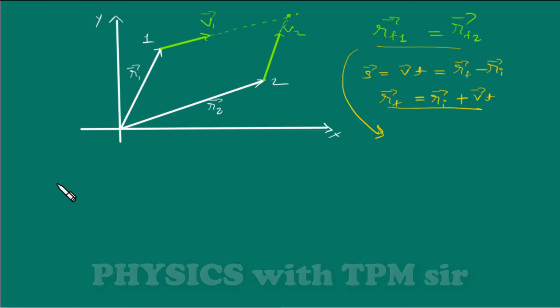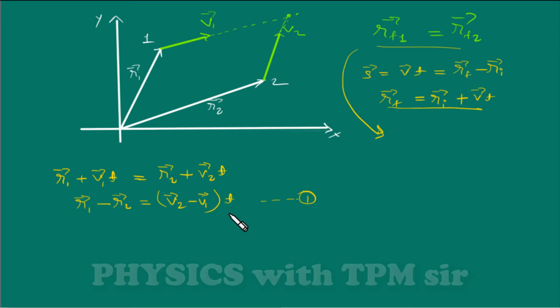So I will write r1 vector plus v1 into t, this is the final position of particle 1, and the final position of 2 will be r2 plus v2 into t. So from here we get r1 minus r2 is equal to (v2 minus v1) into t. Now this is one equation.